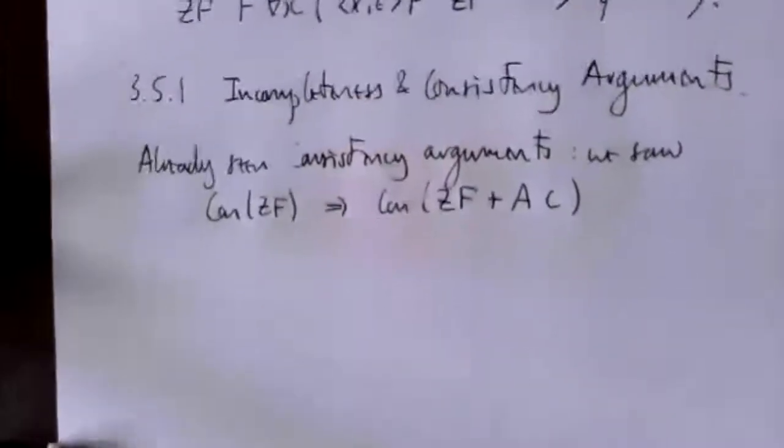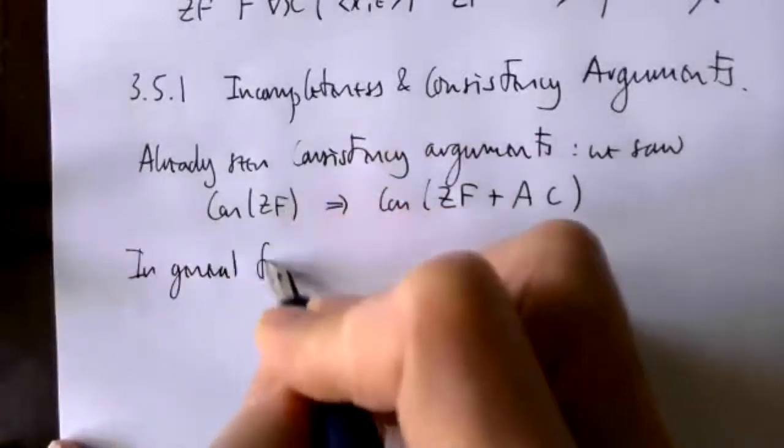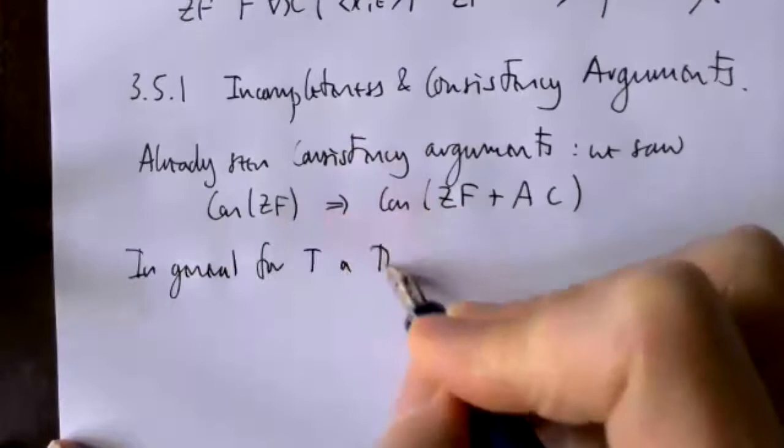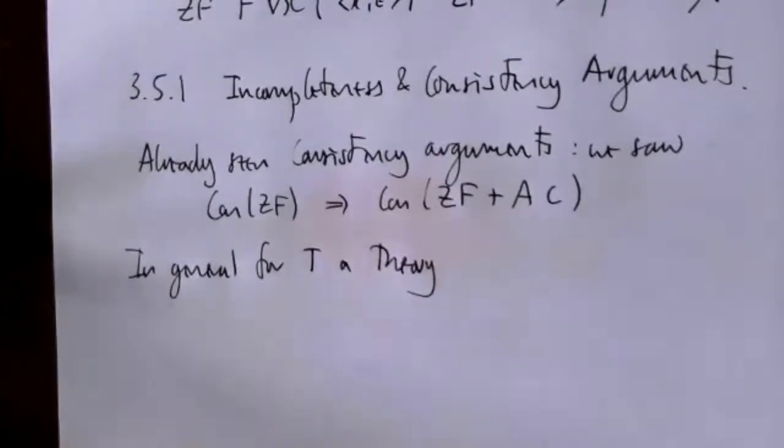So in general, for T a theory, so often a theory is just a set of sentences, or a set of things that we're wanting to be axioms. So ZF is a theory as well.